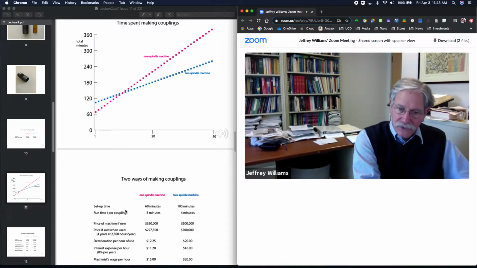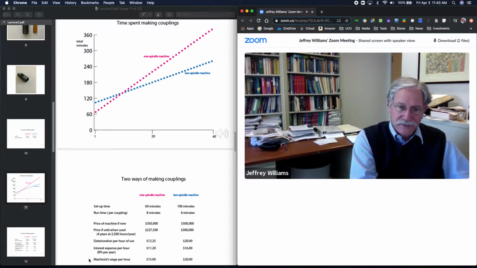Let's look more closely at the bottom column here, the machinist wage per hour. As I mentioned in Vulcan, and as our Wall Street Journal article suggested, the more complicated the machine, the more likely it needs a fairly well-trained machinist who probably commands a higher wage per hour.